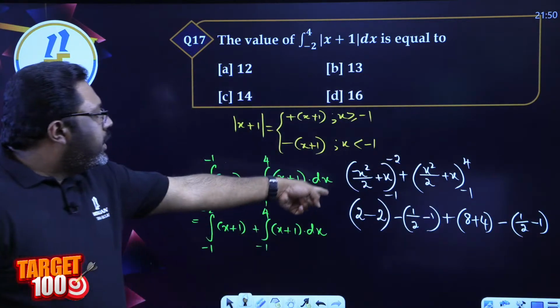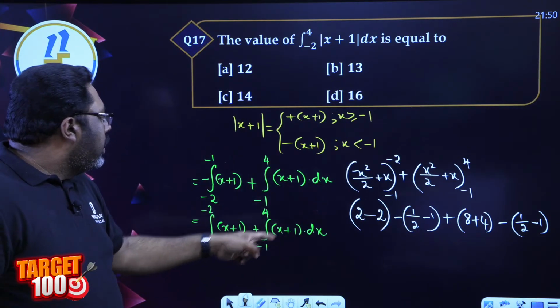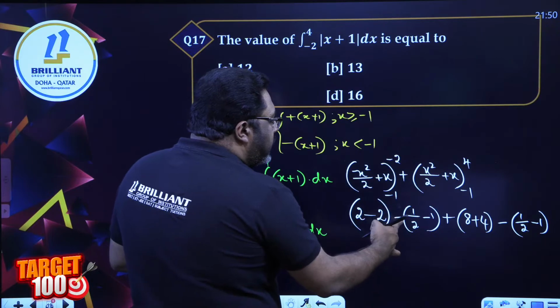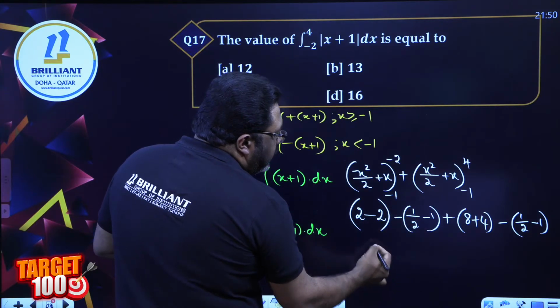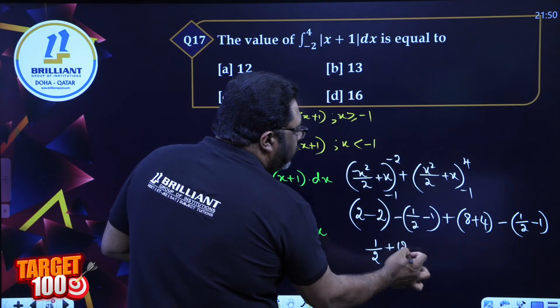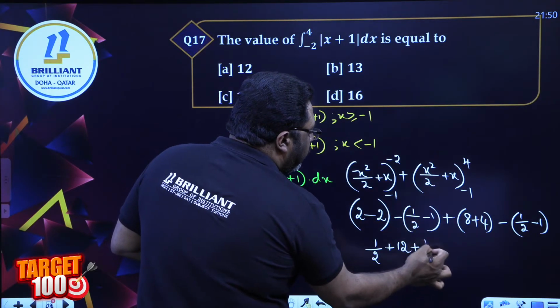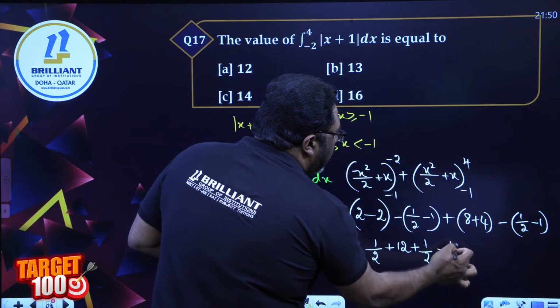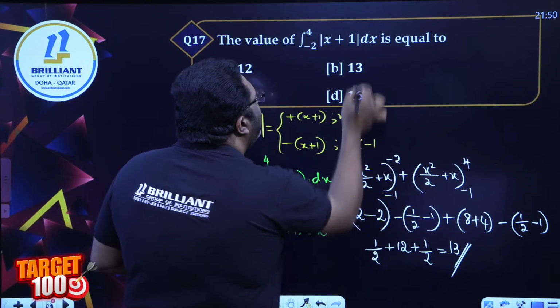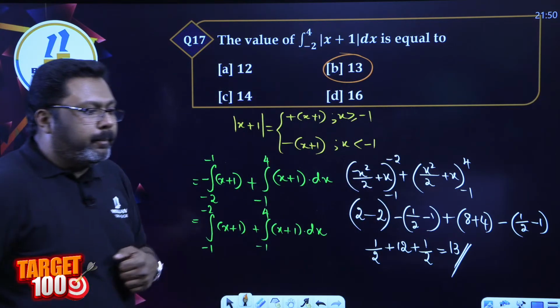So we just applied the limits over there. I believe everybody understood it. So 2 minus 2 gone. So it's minus half plus 12 plus half. So it's 13. Answer is 13. Option B, 13.